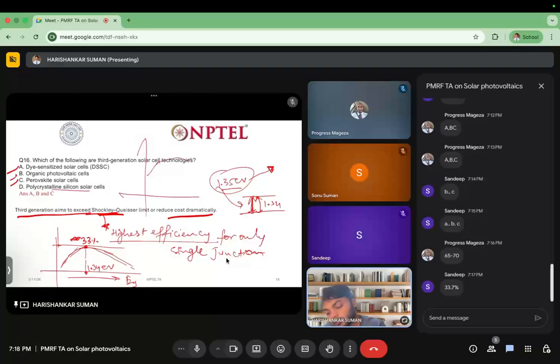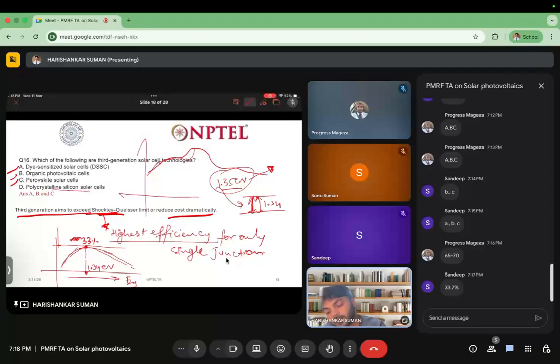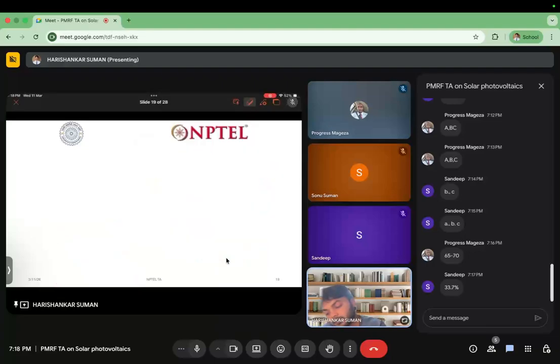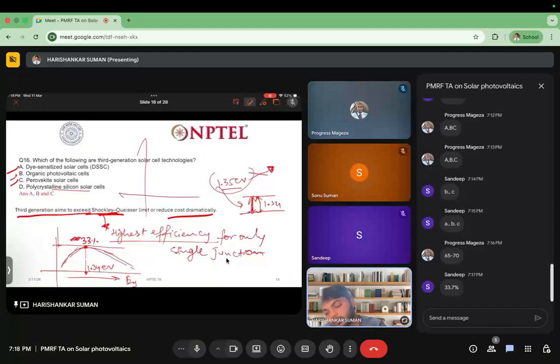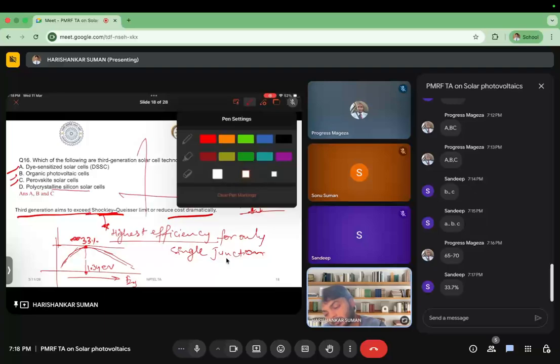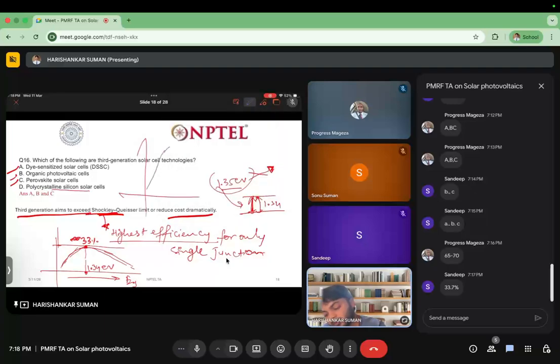You know the solar spectrum. Wait. Like that is the spectrum. Here is the maximum photon, so this photon will convert and give you the highest efficiency.